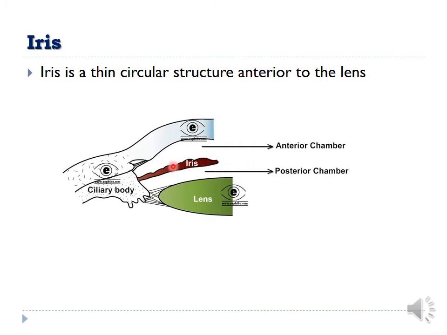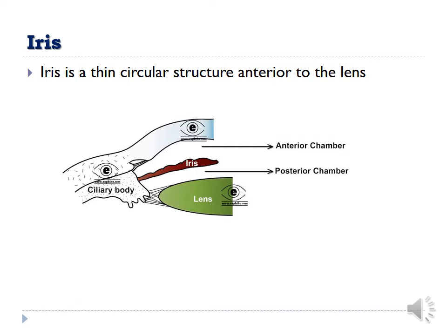So iris is the structure that is dividing the anterior chamber into anterior and posterior chamber. So iris is the dividing structure, and at one side the iris is connected to the ciliary body. So this part of the iris where it is connected, this part is known as the root of iris.